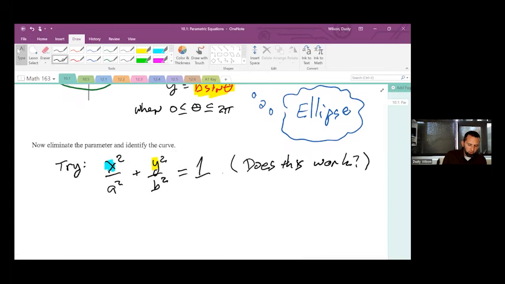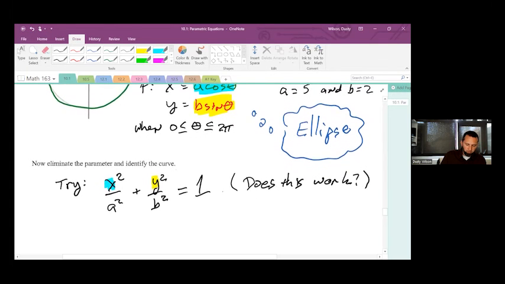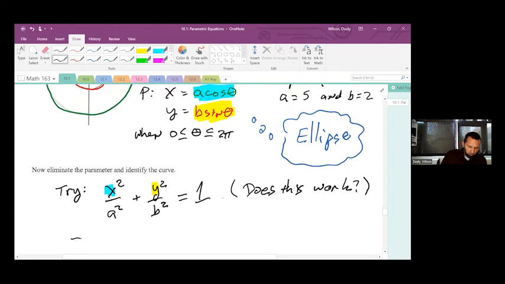So if we substitute in, we will get a cosine theta quantity squared over a squared plus b sine theta quantity squared over b squared equals question mark 1.